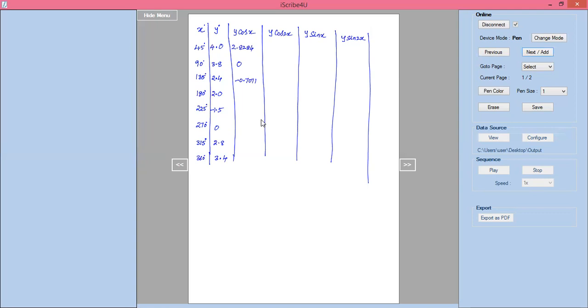Next one, 2.0 into cos 180 is minus 2.0.